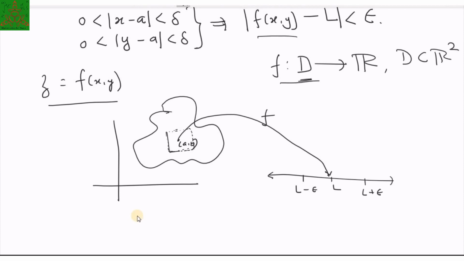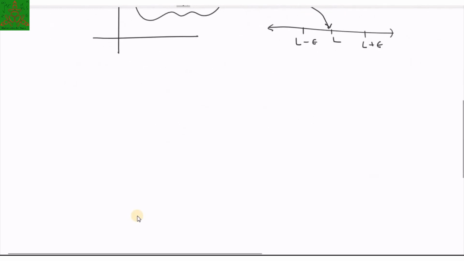With that revision of the previous video, let us discuss a very important concept, the limit which depends on the paths. If you recall the one variable case, your function is defined on the real line.